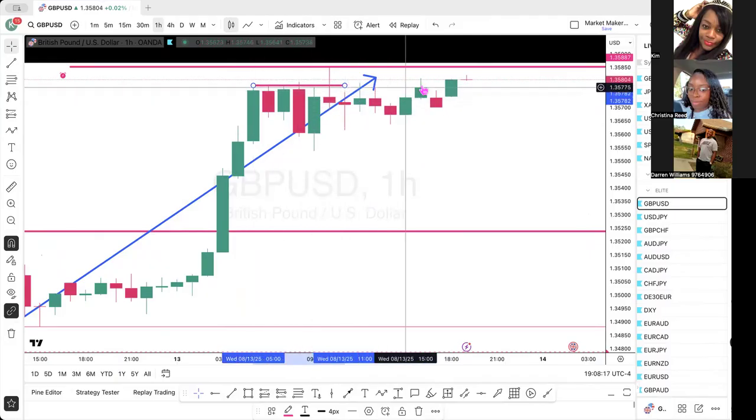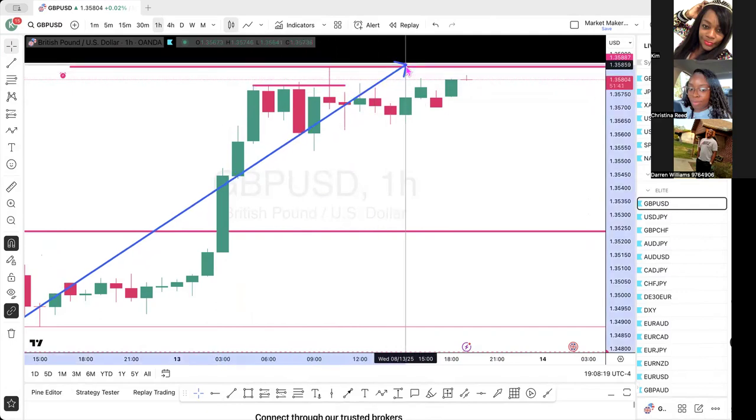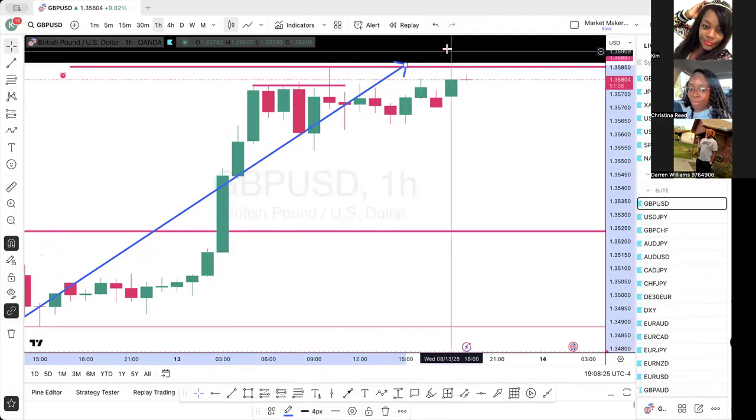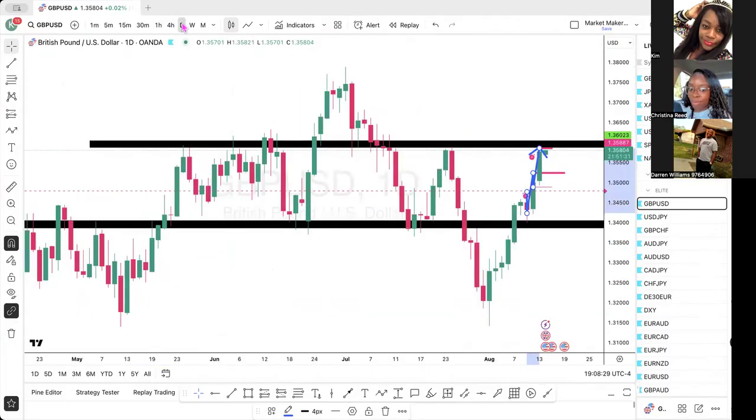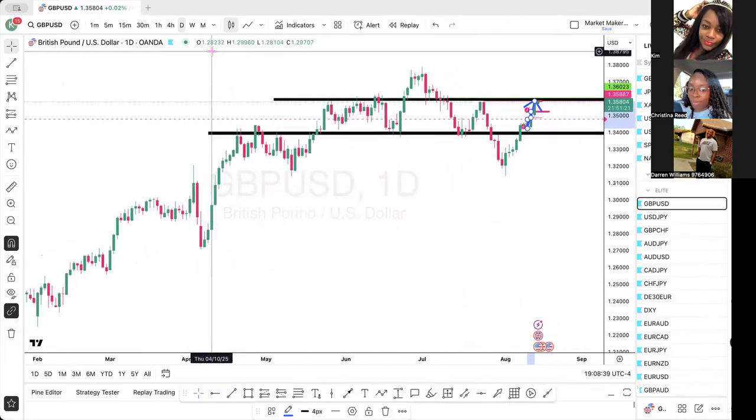I think it's about to sell, but well, let me say this. I think it's going to buy up to this zone. So I'm slowly but surely getting back to my support and resistance because I know that it works in alignment with my market structure.